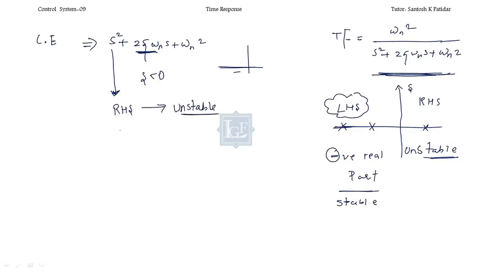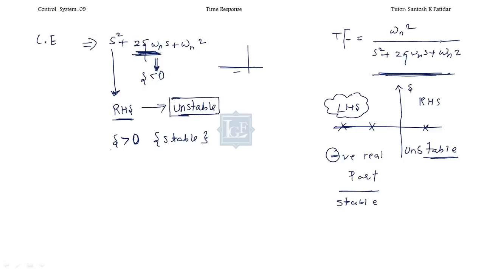So for a stable system, your zeta should be greater than 0 always, isn't it? This is the condition for the stable system. In this equation, if your zeta is less than 0, your poles will be in the right hand side of the S plane, so it will make your system unstable.